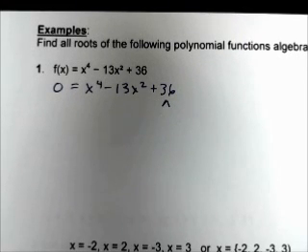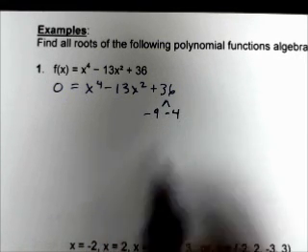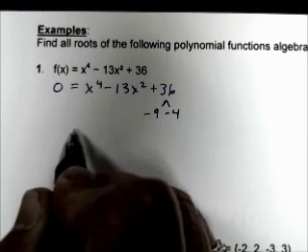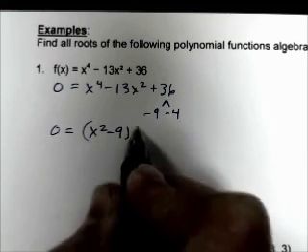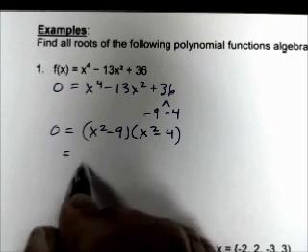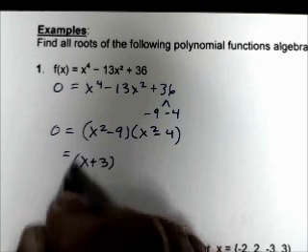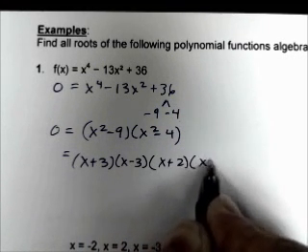The factors of 36 that add to negative 13. This was from the other page. Negative 9 and negative 4. So this would factor into x squared minus 9 and x squared minus 4. Which factor further? Both are differences of squares. X plus 3 times x minus 3 and x plus 2 times x minus 2.